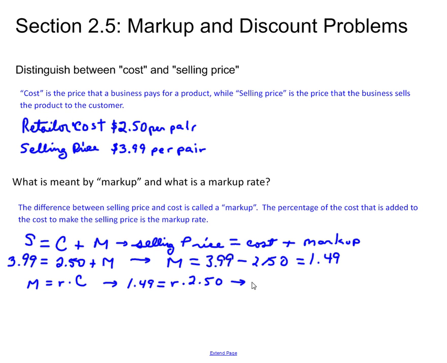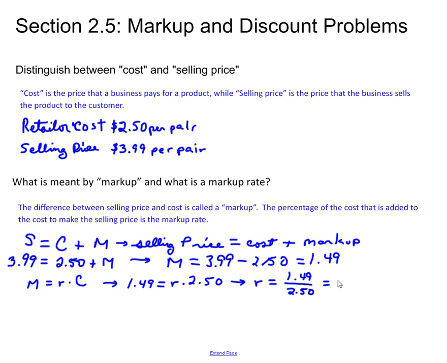We can say that our rate is going to be equal to $1.49 divided by 2.50. I've done my division already, but you may want to pause and, as an exercise, go through and do this division longhand to see that you can get it. I've worked it out.